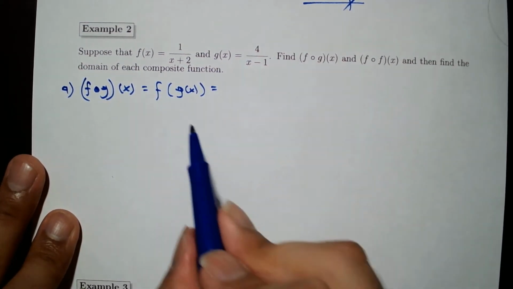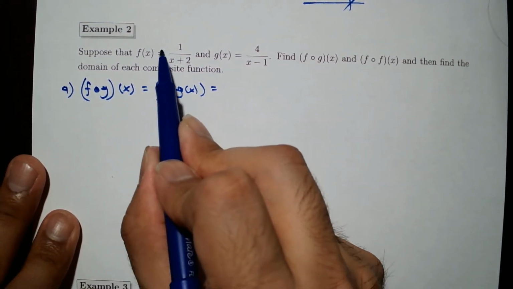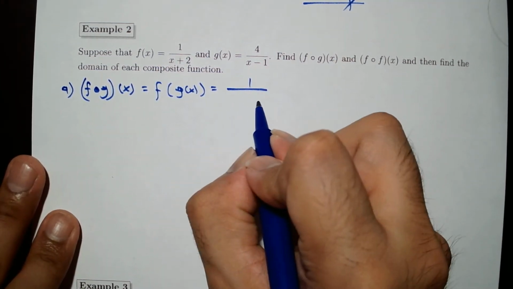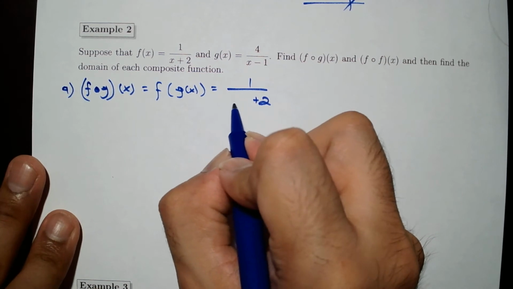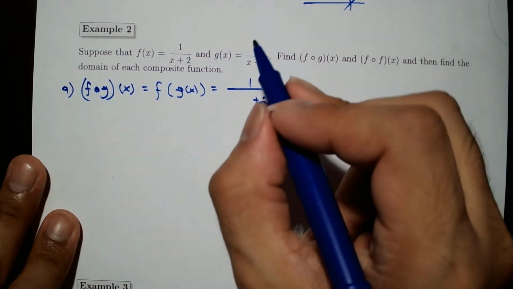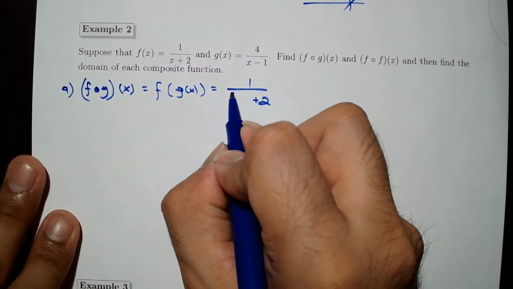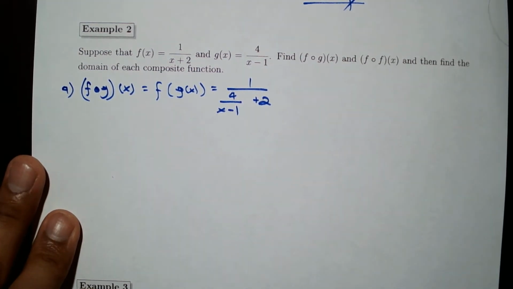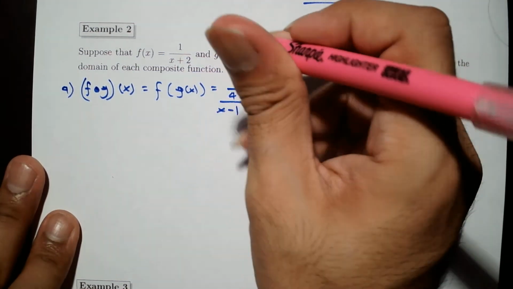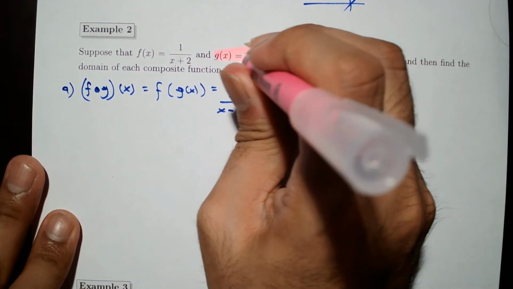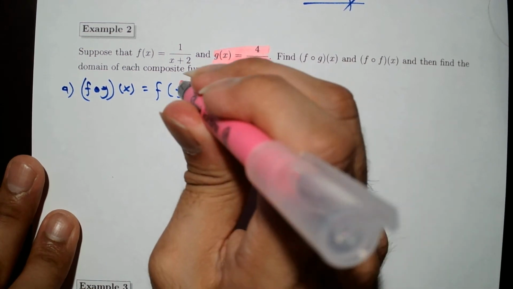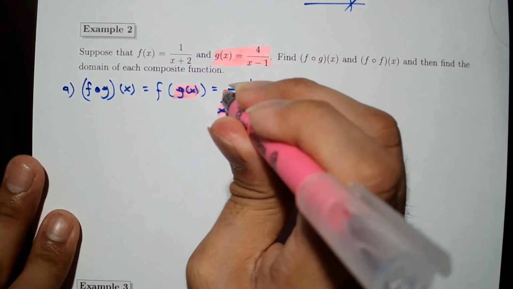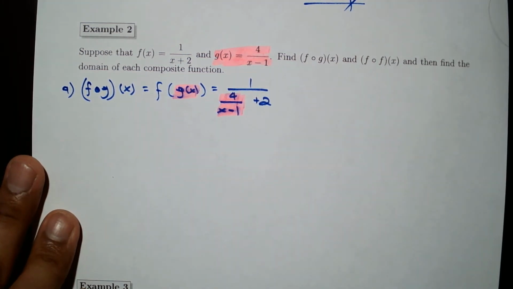So in this case, my function f, which is 1 over x plus 2, I'm not going to write x plus 2, but I will rather plug in the function 4 over x minus 1. Let's highlight if you prefer. Okay, highlight the function. And that's what we are doing in here. All right.